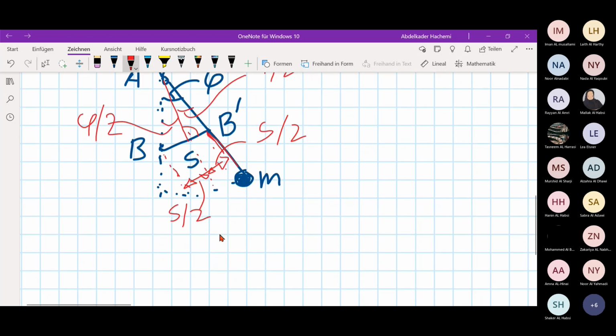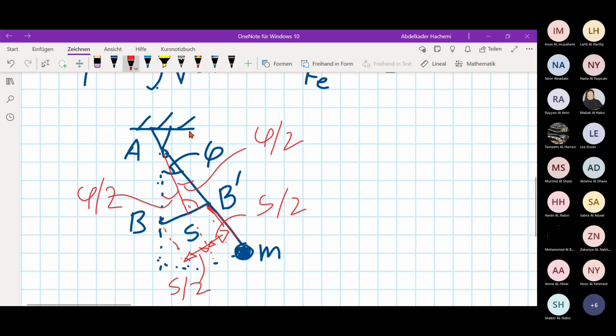Then if we make the geometry, we take the sine of phi over 2, as we have 90 degree here. Then the distance here, B prime, is only 2L divided by 3.